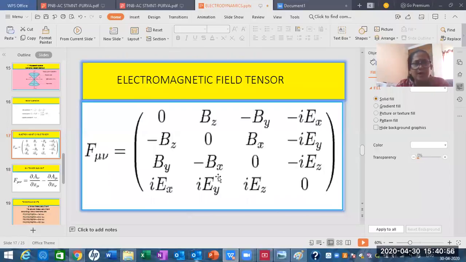So why is it called the electromagnetic field tensor? It is composed of the electric field and the magnetic field, that's why electromagnetic. Field means it is talking about the potentials or energy, whether electric field or magnetic field. Because it is a tensor, a tensor is similar to a matrix, but the elements are bound by some law.